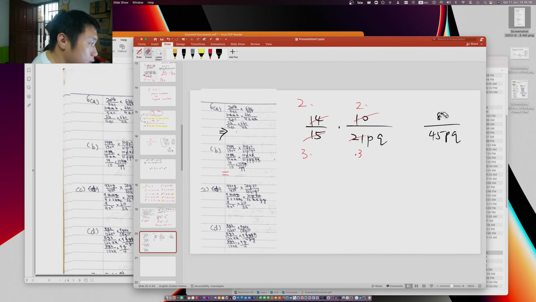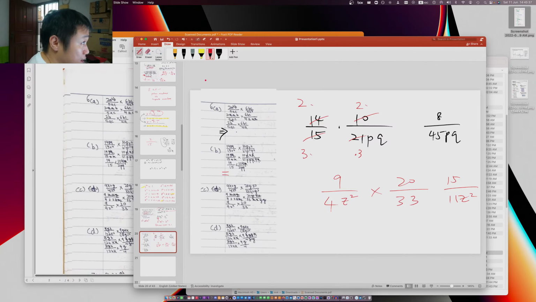What's the final answer for 6C? Quick. By the way, is this a 9 or a Q? 9. Okay, good. So what's the final answer? Quick one. Don't waste my time. 15 divided by 11z squared.